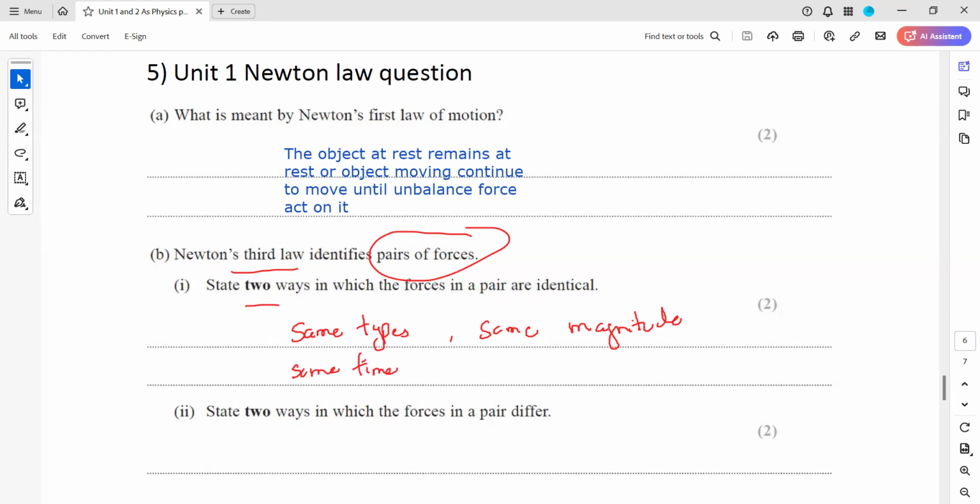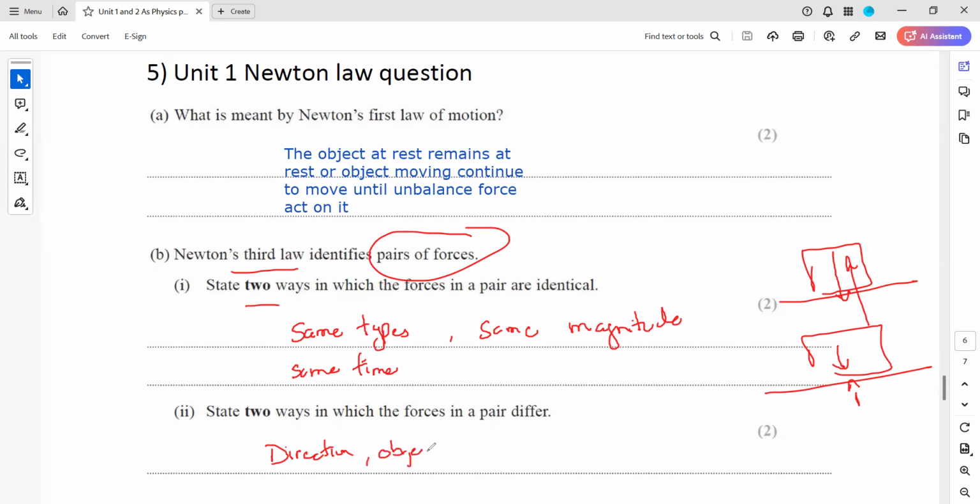These are some similarities, and how the pair forces are different from each other. The directions of the pair forces are always different. For example, if there is a downward force on the surface, it applies an upward force, but they act along the same line. So the directions are different, and the objects on which the two pair forces act are also different.